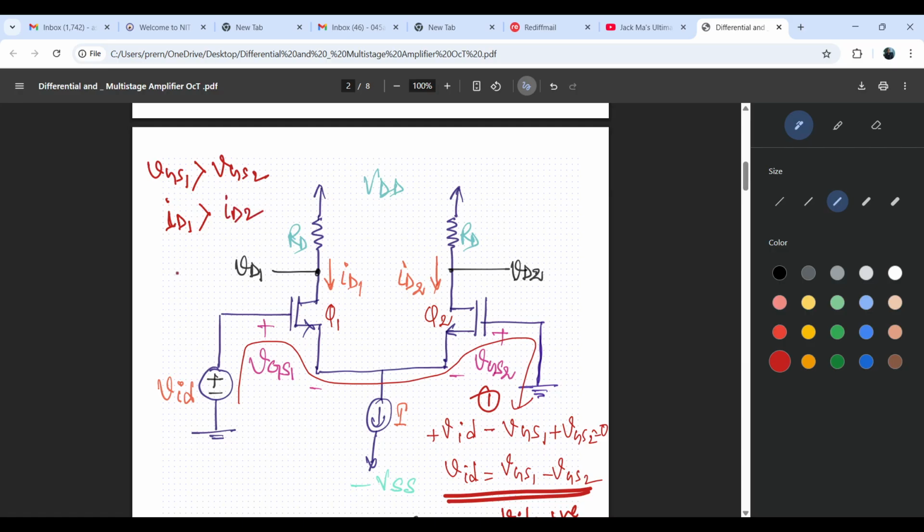Because for the drain current we can write 1/2 kn' (W/L)(VGS minus VT) whole squared. So for transistor 1, if VGS1 is greater, then ID1 will be greater than ID2, because in ID2 the VGS2 value is lesser. So ID1 will always be greater than ID2.